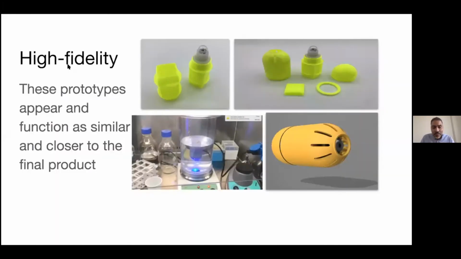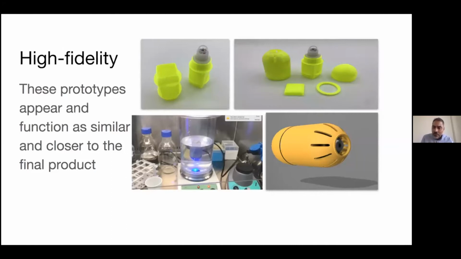A high fidelity prototype, which is basically a product we developed, you can see that we are trying to resemble the final look of the product, and we are even testing it, so it has the functionality, and at the same time it has the same look as the final product. It's a product that we developed for a client. It's meant to be used for sterilizing water in small containers.